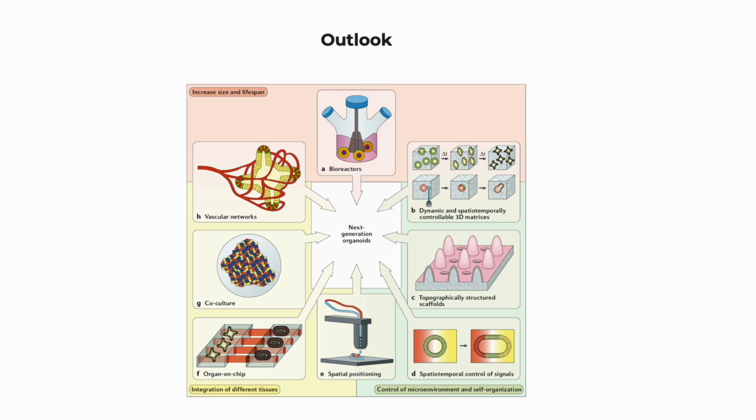Or we can do co-culture systems where we have different organoids and different cell types that give those organoids more signals to resemble their real in vivo state. What's also very interesting are OrganChips, which connect different organoid types, for example, intestinal and brain organoids, and then study the interaction between those different organoid structures.